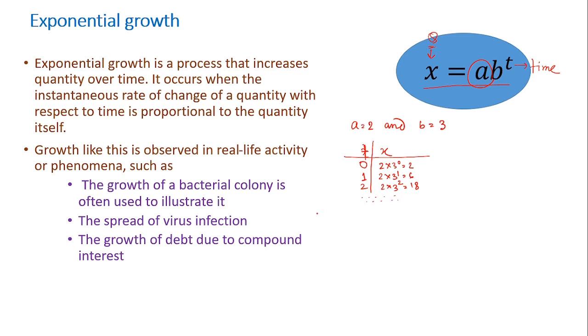So if we consider t equals n, at the nth time, we get the value x_n equals 2 times 3 to the power n. So this is the final value if we try to calculate the values, and we see that the value of x increases rapidly, and its rate of increase is defined by t, and t is in the power of b, that means in exponent form.